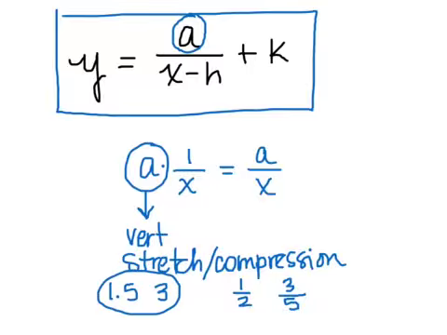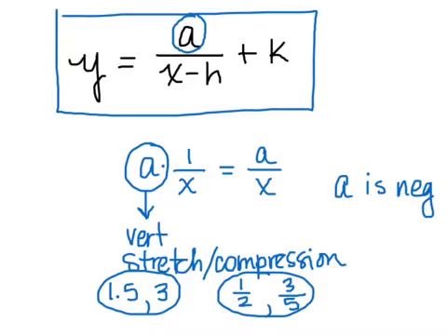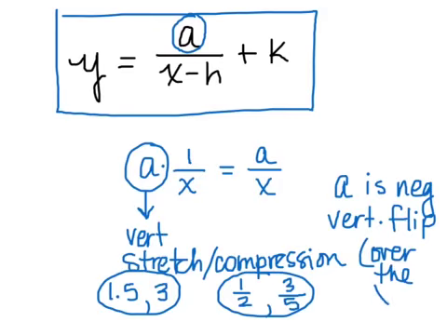Things that are bigger than 1 would be stretches. If a is negative, then that will cause it to flip. It's a vertical flip, which means it's going to flip over the x-axis.